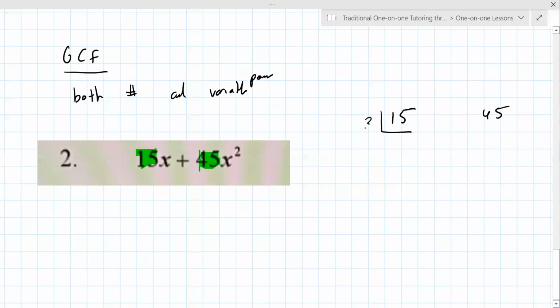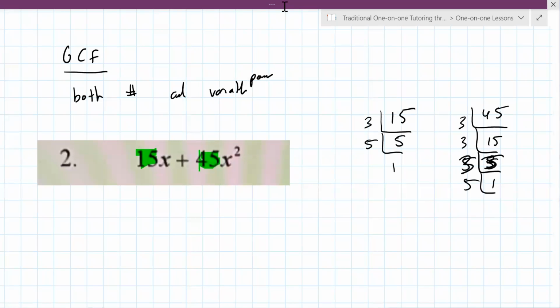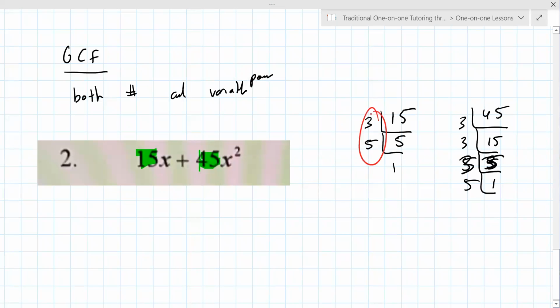The proper way is to build what's called a factor ladder or a factor tree out of these, but it's not necessary. Sometimes you can just tell. Sorry, 3 and 5. You can tell that it's a 15. Okay, so there's a 15 that goes into both.